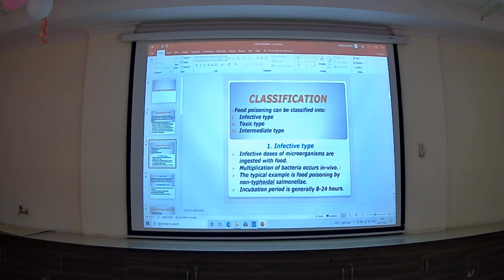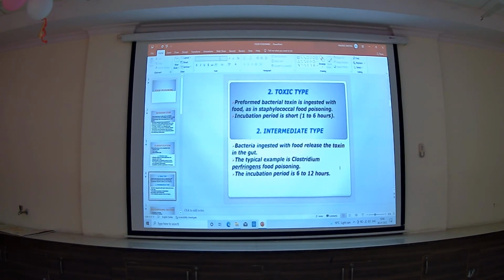In infective type, the infective doses of microorganisms are ingested with food and multiplication of bacteria occurs in vivo.